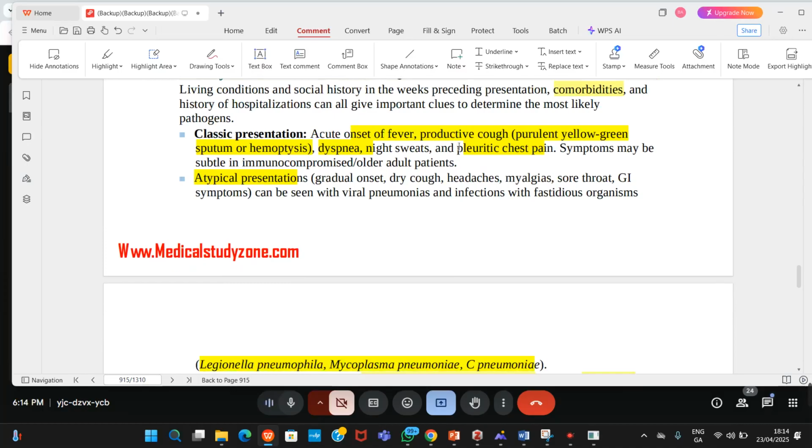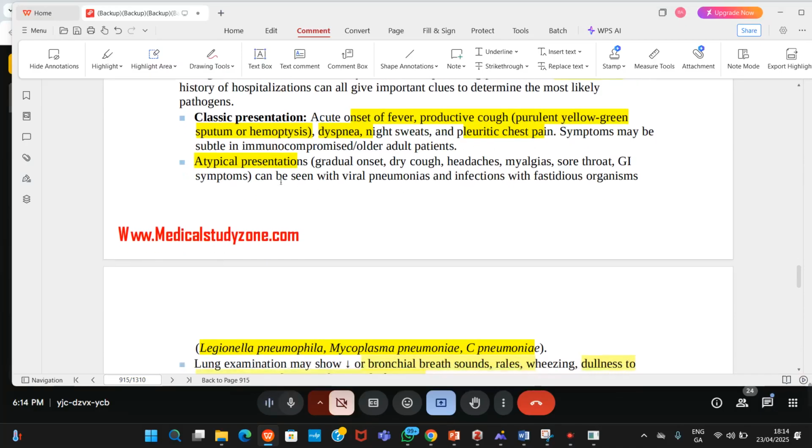And how would they present? Fever, productive cough. For the typical causes of pneumonia, we expect fever, productive cough, difficulty in breathing, and pleuritic chest pain. But for the atypical causes, we might see a dry cough.